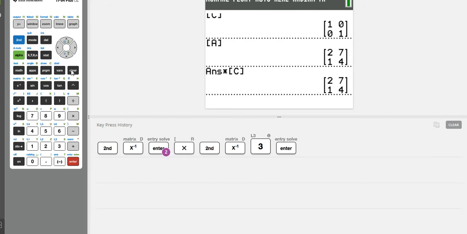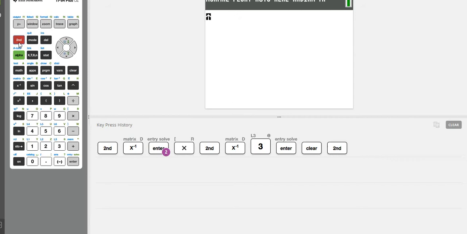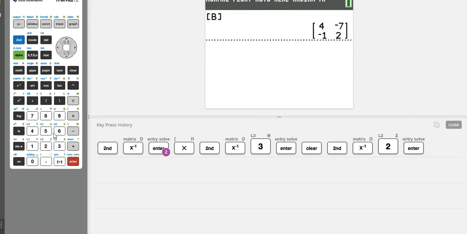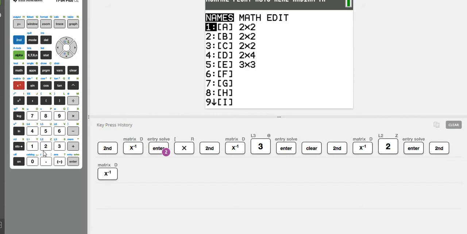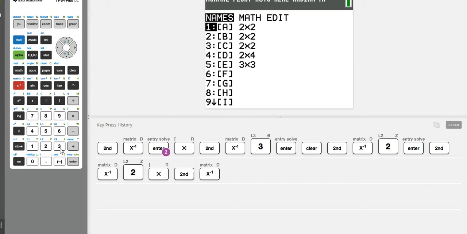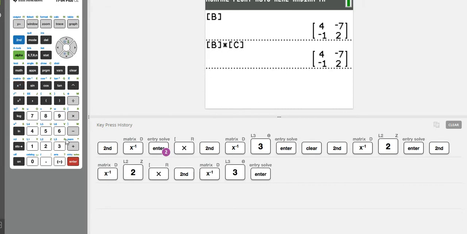If I multiplied matrix B by matrix C, the same thing would happen. So let's clear this out and take a look at matrix B. Now let's take a look at B times C. Matrix B times matrix C. I actually didn't need to hit the times key there. And the interesting thing is that it doesn't really matter what side I put C on.